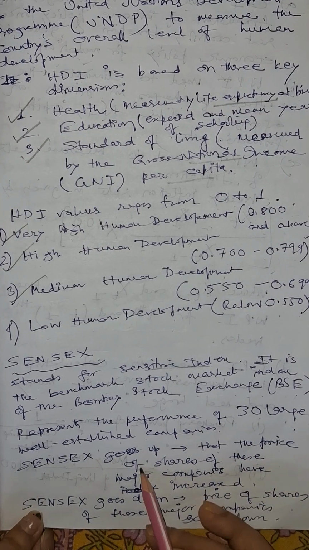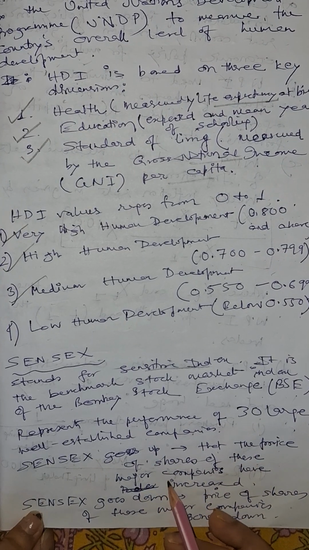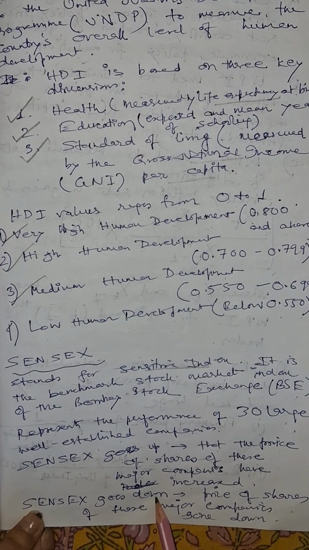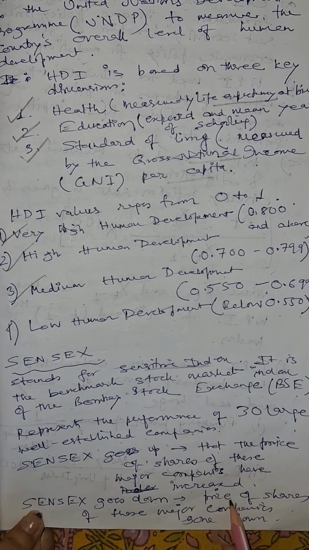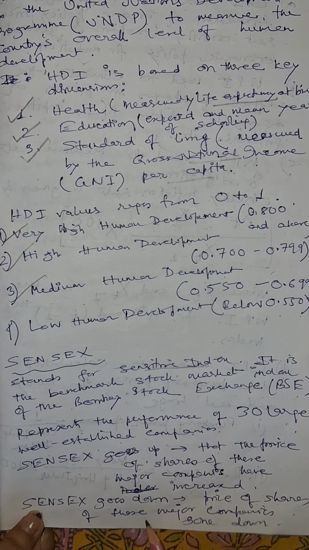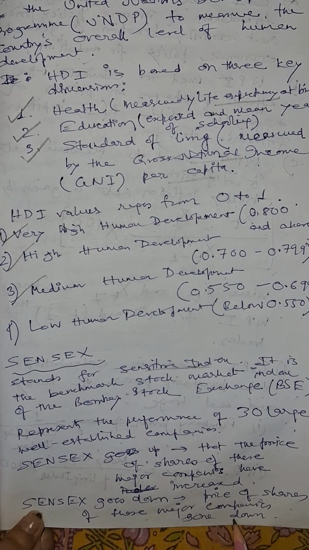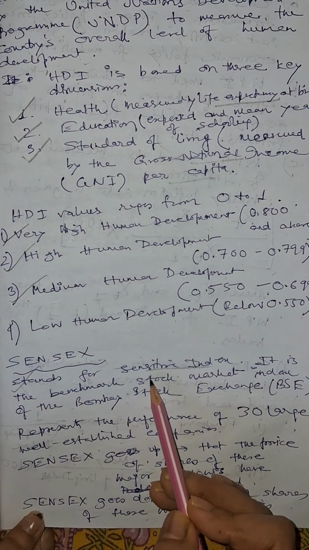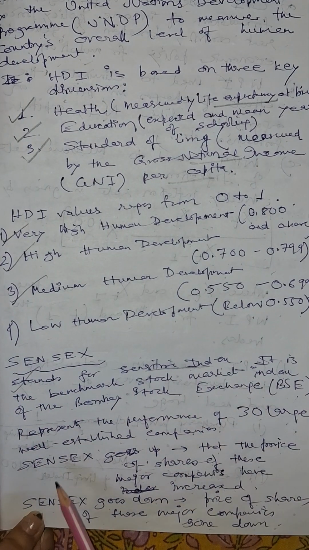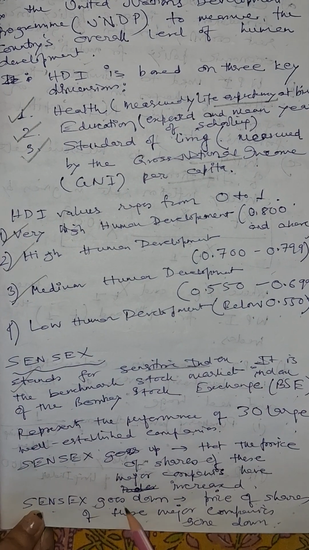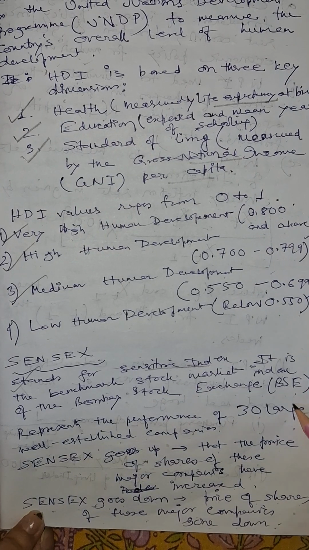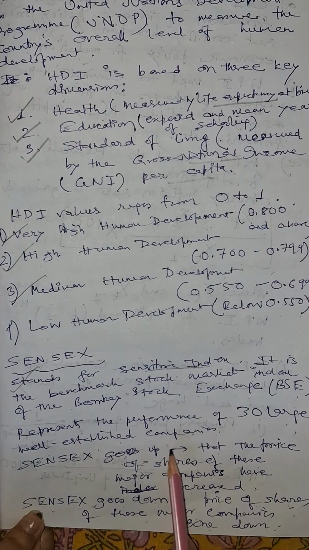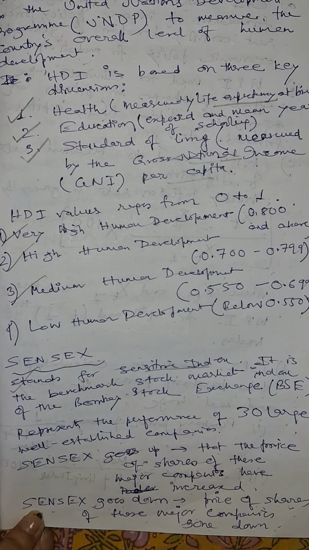That the share prices of these major companies have increased. And when the Sensex goes down, obviously it is the opposite: the share prices of those major companies have gone down. So this is how we learn what the Sensex is and how it increases and decreases.